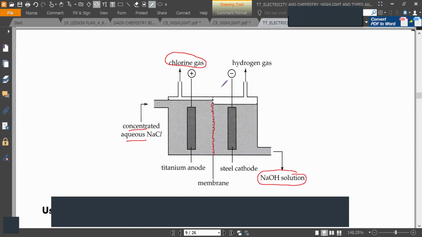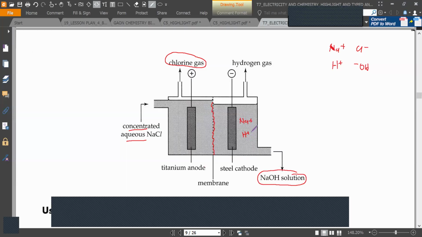So we have concentrated sodium chloride: sodium plus, chloride negative, and then we have water, hydrogen ion and hydroxide. What happens here? The cathode will attract the sodium plus and hydrogen plus.